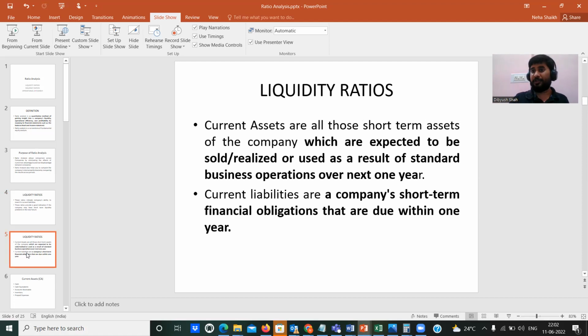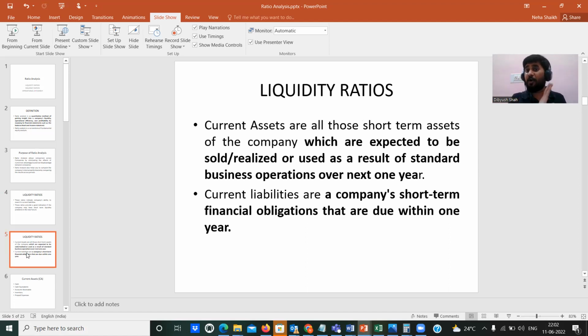Before going to the liquidity ratios, we need to understand two concepts. Most of us commerce background students have read this from class 11 onwards. Current assets and current liabilities. What are current assets?